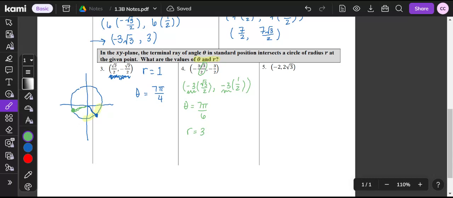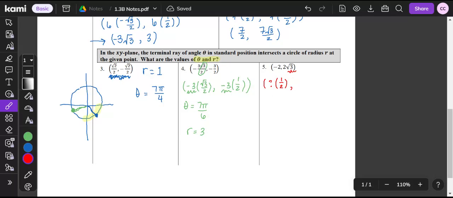That doesn't make sense. All right, now this one is the hardest one, problem 5. But right out the gate, you should recognize that you have a root 3. Okay, so if we really think about this for a moment, I'm looking for some number times 1 half, and I know that that gave me negative 2.